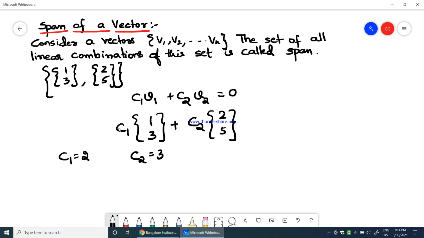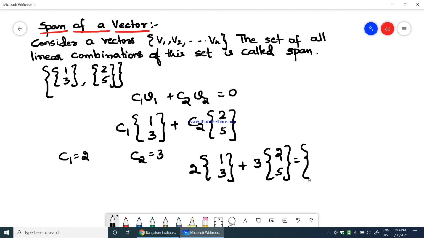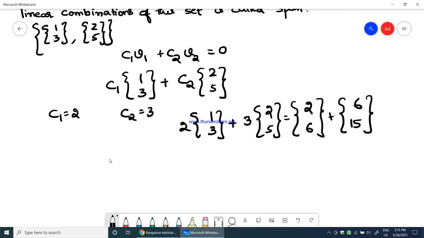Substituting, we get 2 times (1, 3) plus 3 times (2, 5). 2 times 1 is 2, plus 3 times 2 is 6, which gives 8. 2 times 3 is 6, plus 3 times 5 is 15, which gives 21.